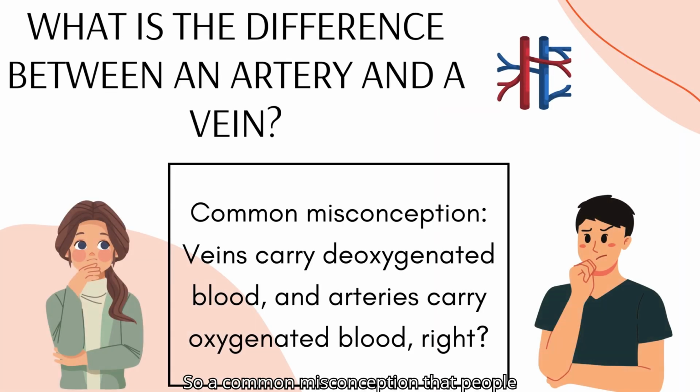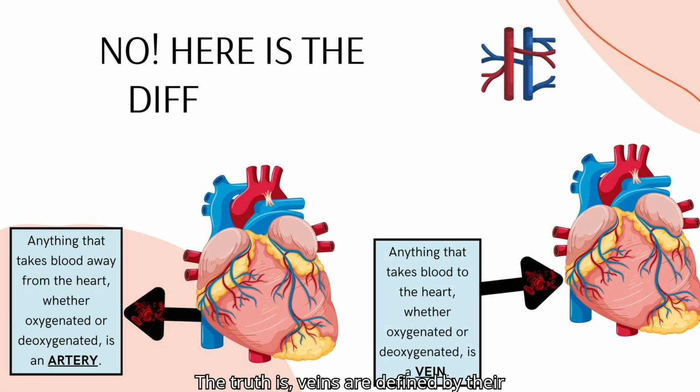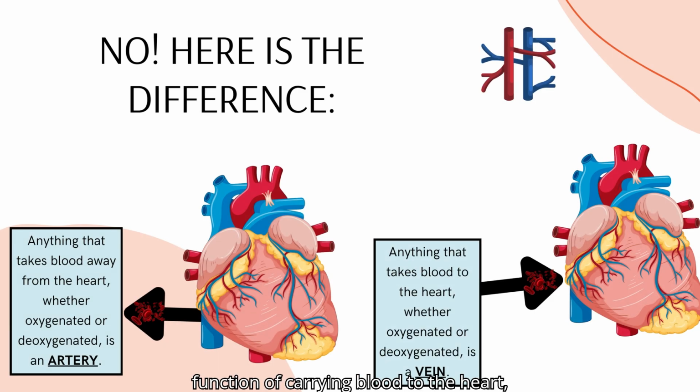So, a common misconception that people have is that veins carry deoxygenated blood and arteries carry oxygenated blood, right? The truth is, veins are defined by their function of carrying blood to the heart, whether it's oxygenated or not, and arteries are defined by their function of taking blood away from the heart.